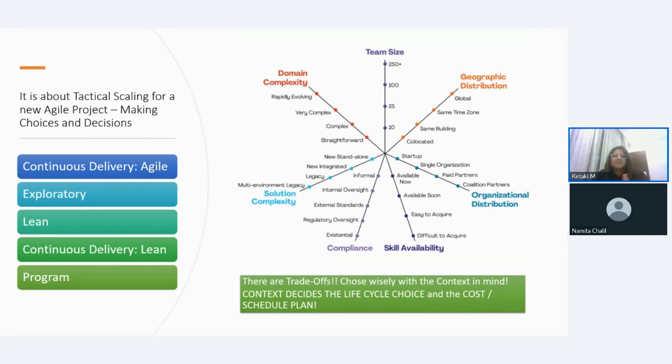Exploratory might work in a certain context, but program management might very well work in another context. And all these contexts depend on the tactical scaling factors, right? Major tactical scaling factors. There could be multiple more, which you can dig deeper into the organizational aspects of your respective organization and come to a conclusion what really best suits you. And why all this is necessary is to have the cost, scope, and timelines in hand, the actual program management in hand.